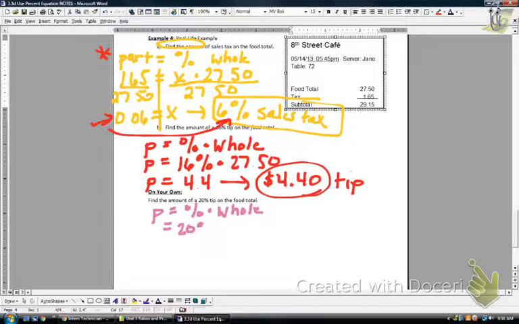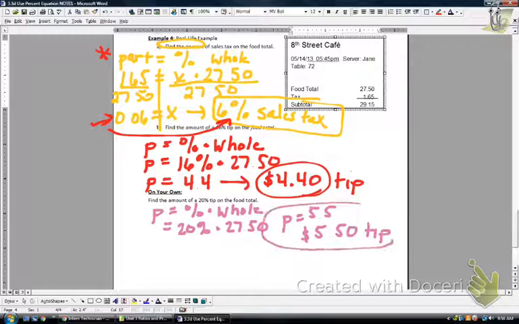So, and I'm doing 20% this time, times 27.50. And when I work that out, it comes out to be 5.5. And again, that's not how I write money. So if I were leaving a 20% tip, I would leave $5.50. Again, if you have questions, please come see me in the morning.